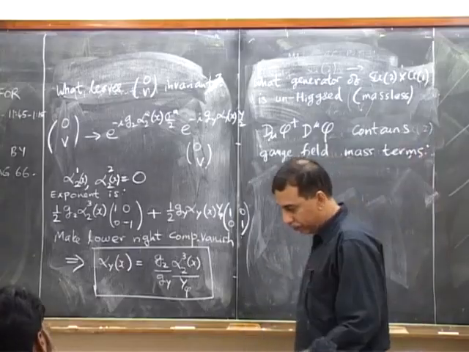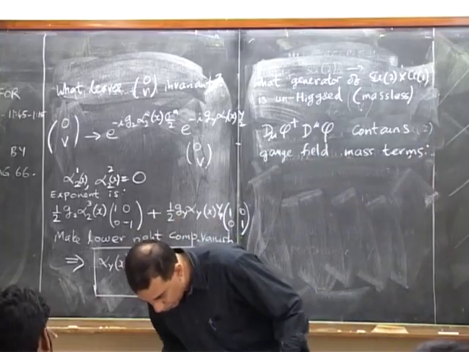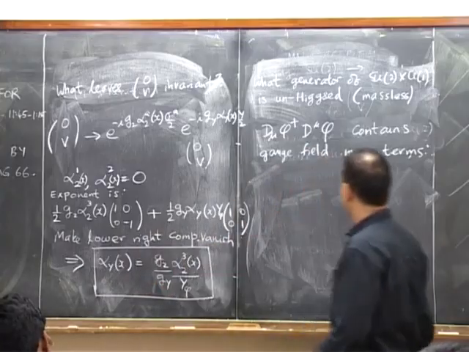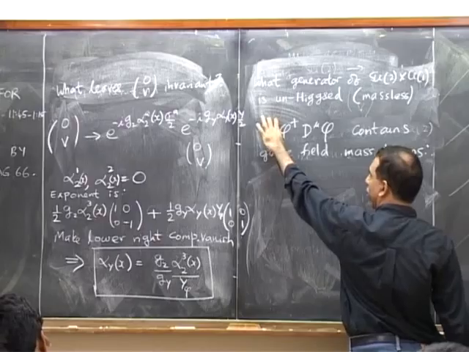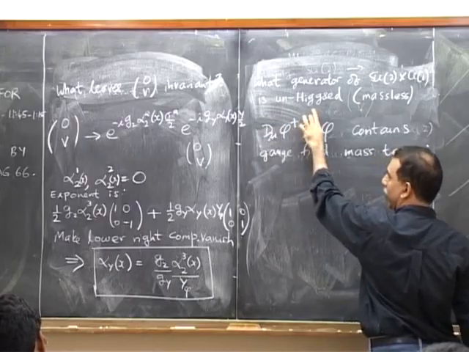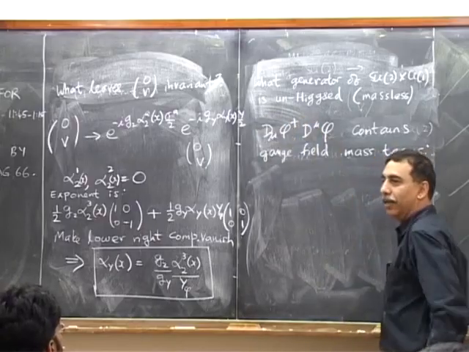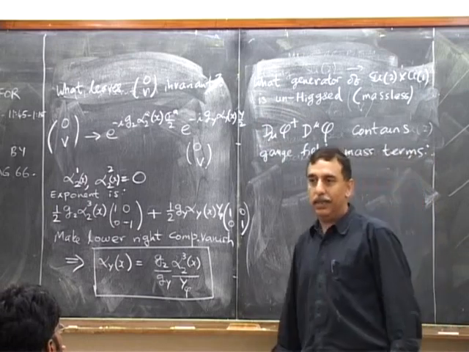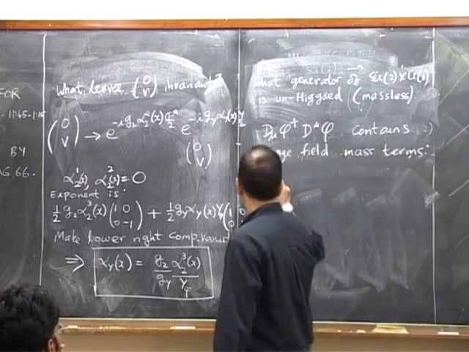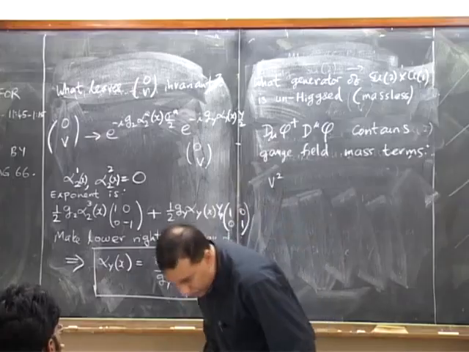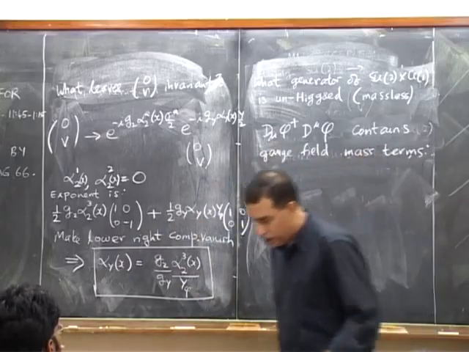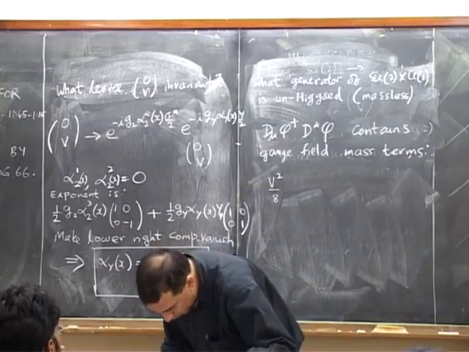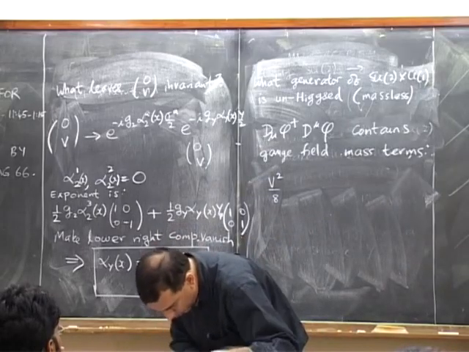And it's very easy to write down what it is. I hope I've given you the prescription. Drop the small d mu, keep the gauge field, and each of phi and phi dagger replaced by 0 and v. So the answer obviously will come out proportional to v squared. I will worry whether my Higgs wave is v by root 2.